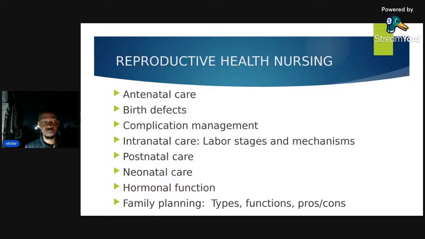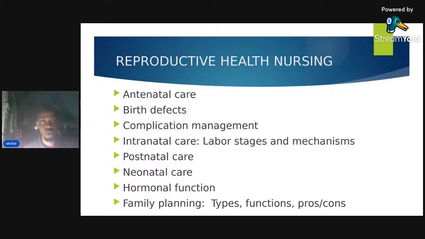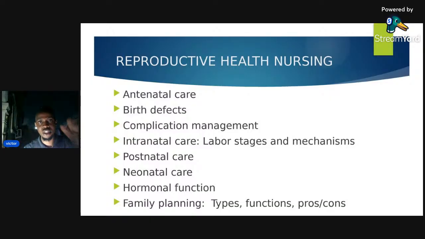You try and exercise a lot, because when you exercise you are expending the glucose you have stored in the body, and therefore there won't be any form of diabetes. So that is all about complication management. I mentioned three complications that might occur during pregnancy: the first is eclampsia, preeclampsia and gestational diabetes.